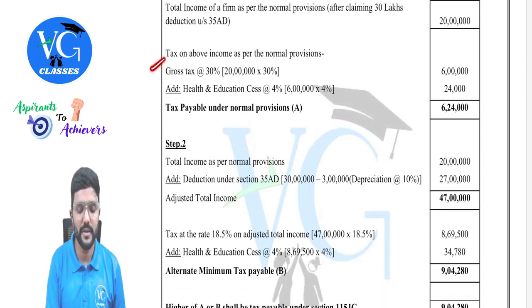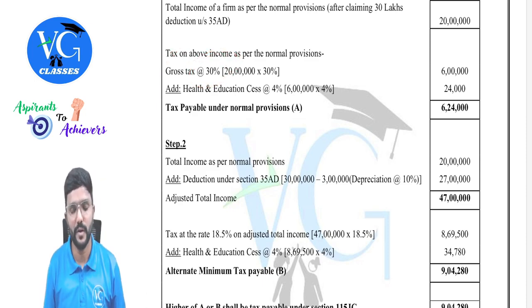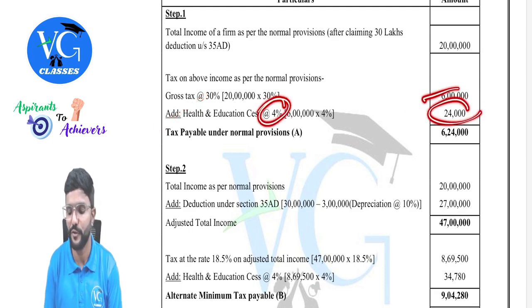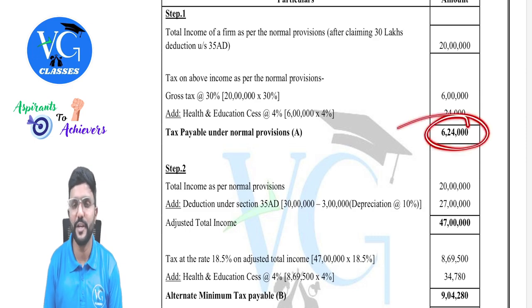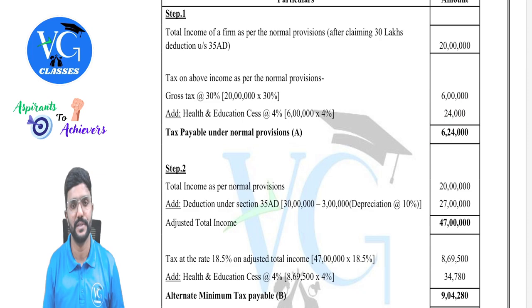Tax on that, as it is a partnership firm, is a flat 30%. So on 20 lakh, 30%, 6 lakh. As total income is less than 1 crore, there is no surcharge for a partnership firm. Add health and education cess at 4% on 6 lakh, 24,000. So the tax liability of a partnership firm under normal provision is 6 lakh 24,000, guys.